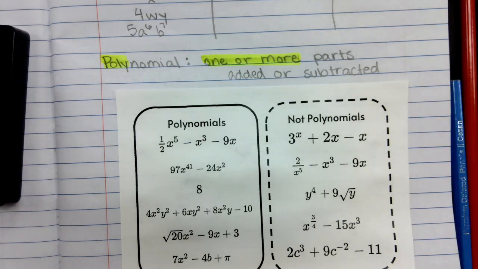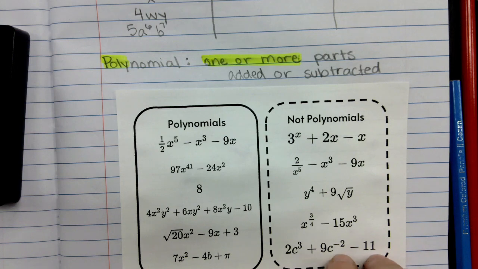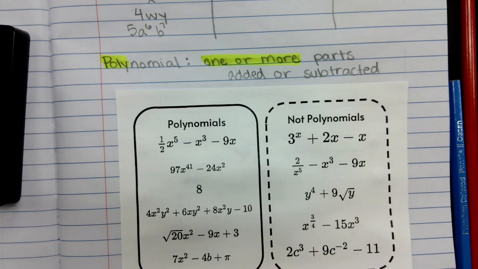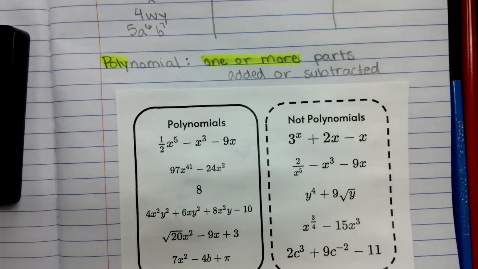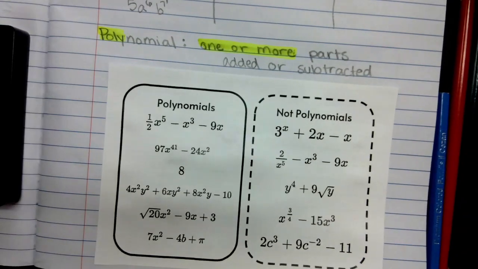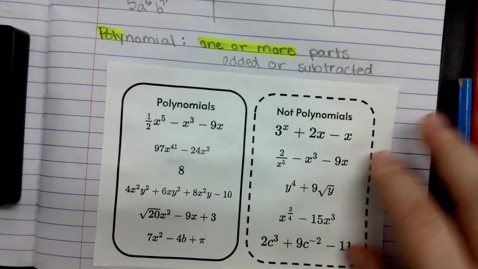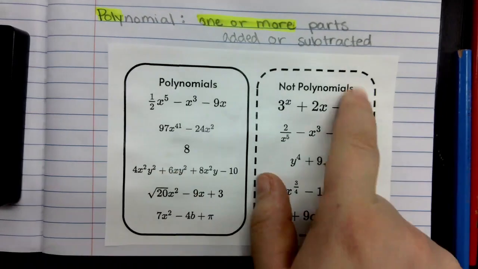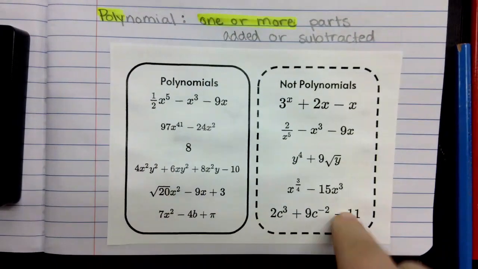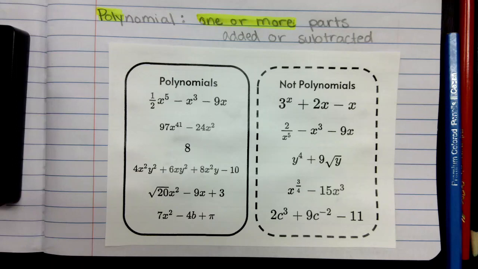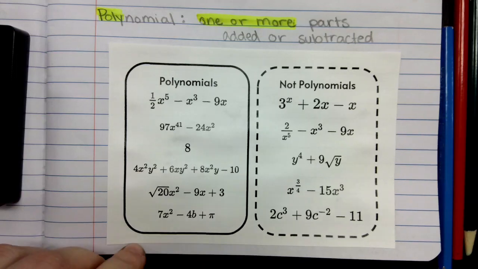Okay, it's okay to have a fraction as long as it is our coefficient. Remember, coefficient is that number in front. Yep, and there's exponents. Exponents are okay.